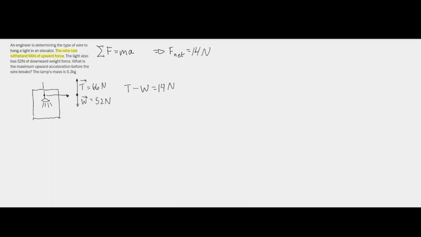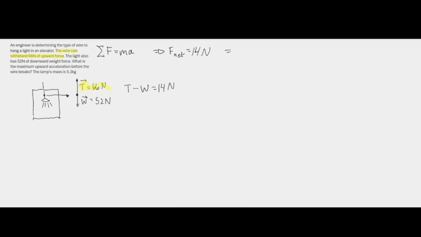So then the maximum acceleration that this wire can experience is going to be related to F net, because F net takes into account this maximum upward force that the wire can withstand before it snaps. So we simply rearrange Newton's second law for acceleration. We know the total force that the wire is experiencing. We just need to divide that by the mass.